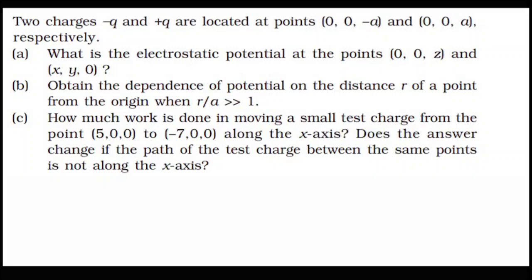The first thing that we are doing is drawing the coordinate axes. We are considering this axis as the z axis, and the xy plane is something like this. So this is the xy plane, and this is the z axis, and this one is treated as the negative z axis.